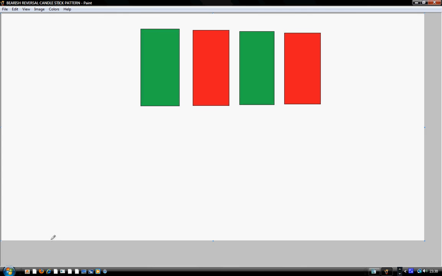The price must first be in the uptrend, followed by this pattern, and we place the order below the closing price of the fourth candle, stop loss 10 pips or 20 pips above the high of the fourth candle. So this is about the Australian dollar US dollar currency pair using our powerful reversal candlestick pattern.